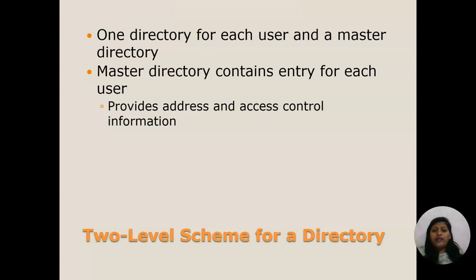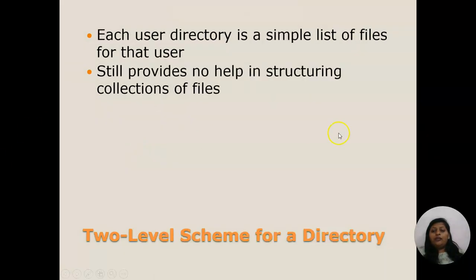Master directory contains entry for each user, provides address and access control information. Then, each user directory is a simple list of files for that user. Still provides no help in structuring collection of files.